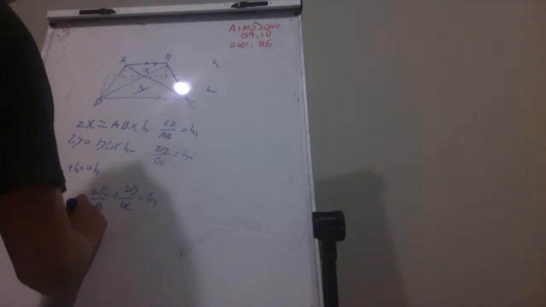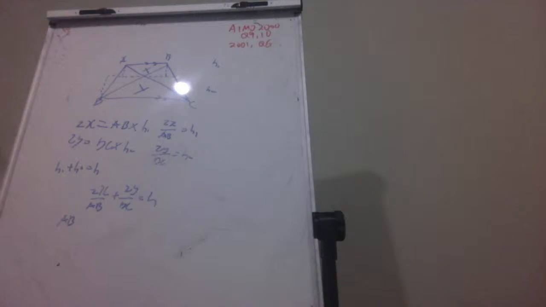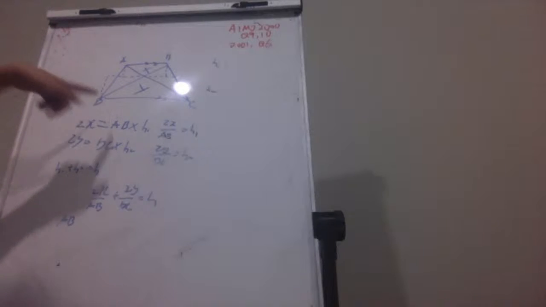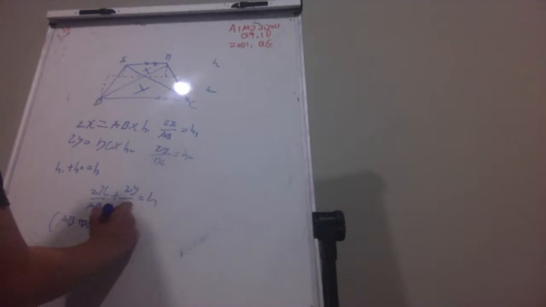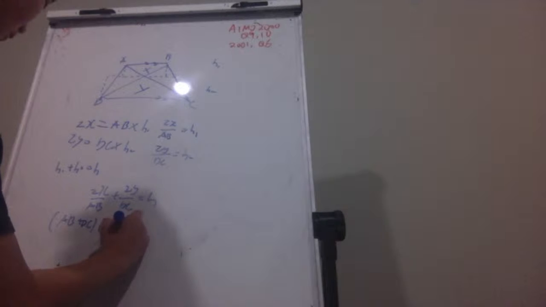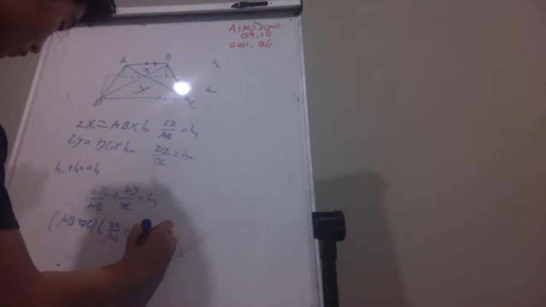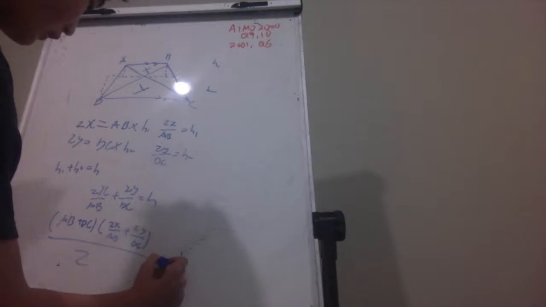The area of the trapezium is AB plus DC multiplied by the height, times half. So AB plus DC multiplied by h1 plus h2, over 2, is equal to the area.